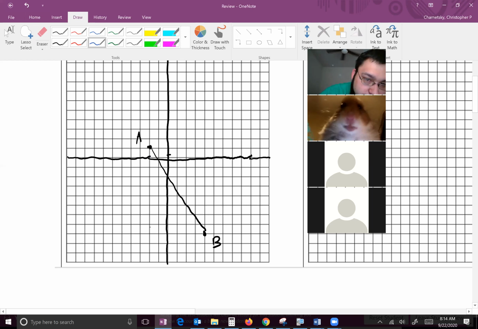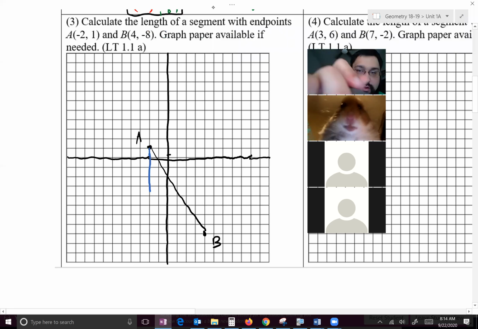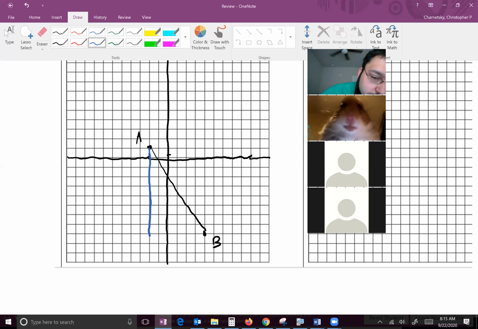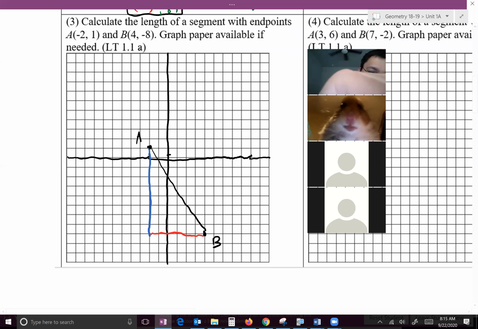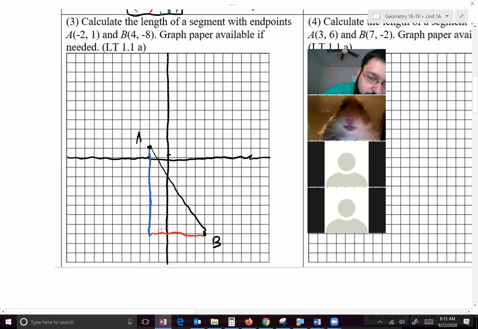So we need to find our vertical and horizontal displacements first. And what that does, that creates a nice little right triangle for us. Okay.